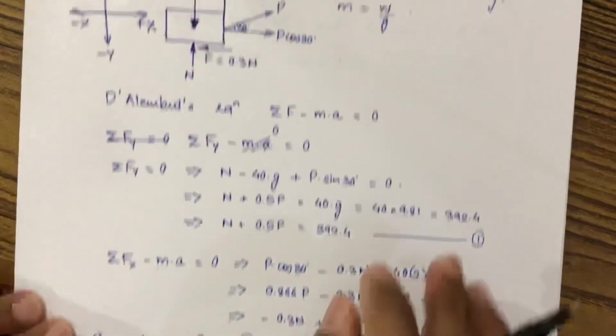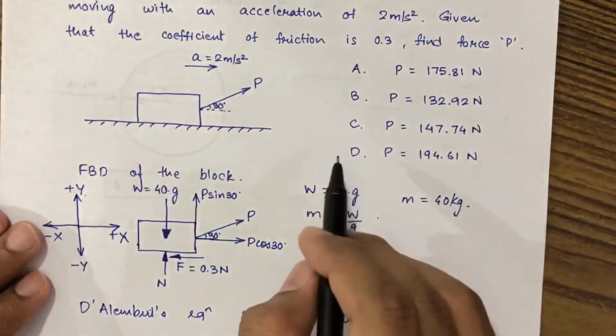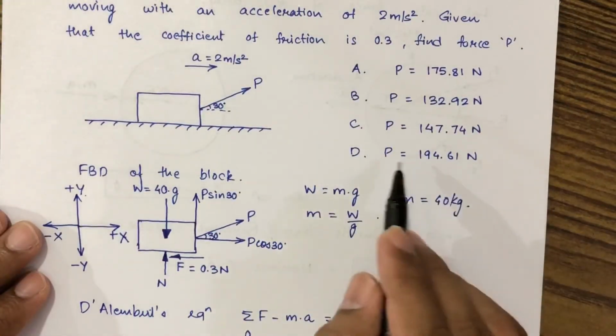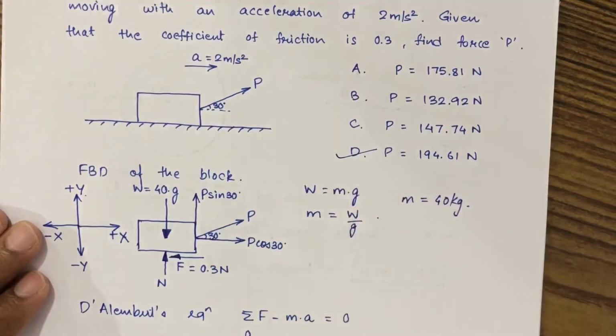So the correct option from these four is P is equal to 194.61 Newton. This is the correct option.